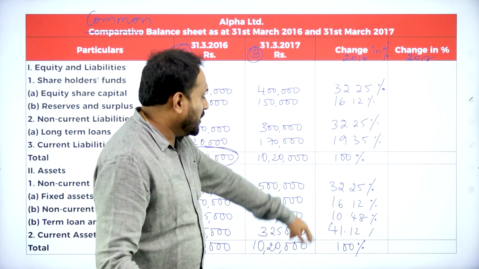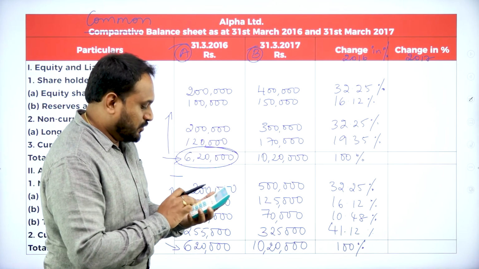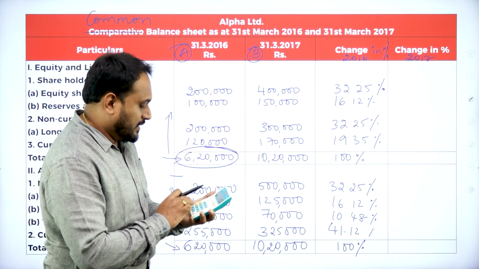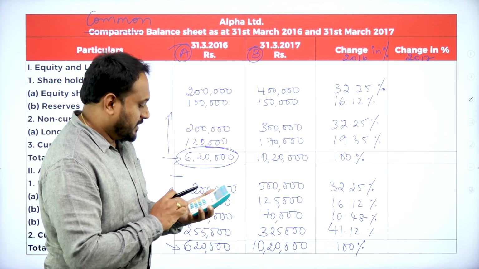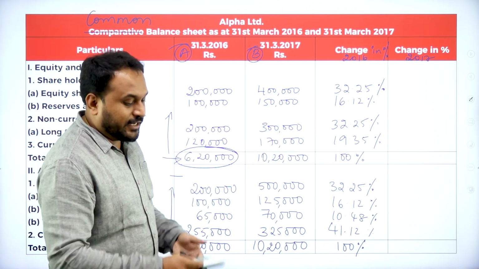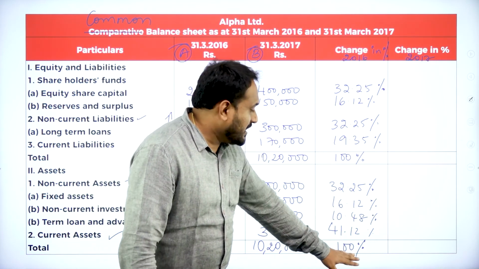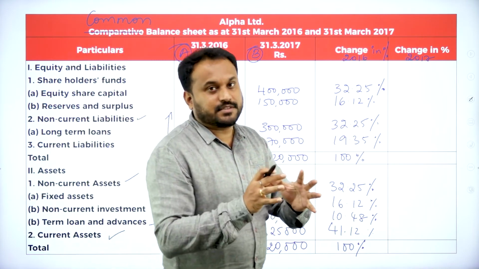Now if you add all these, 32.25 plus 16.12 plus 10.48 plus 41.12, again it is 99.97. If we had taken the round figures properly, it would have been 100%. So this is what the common size statement is.